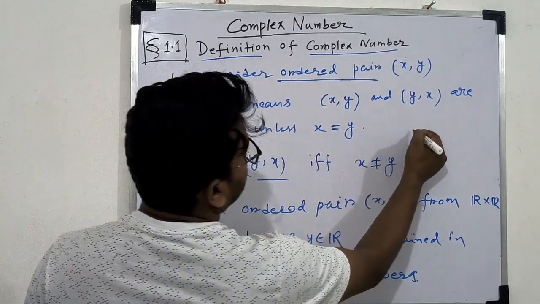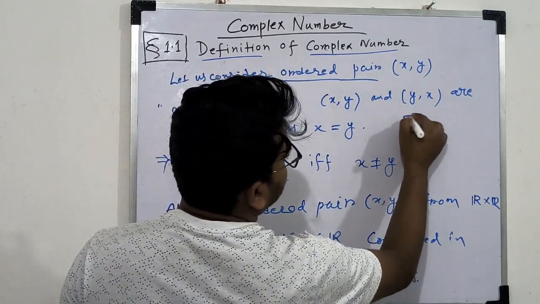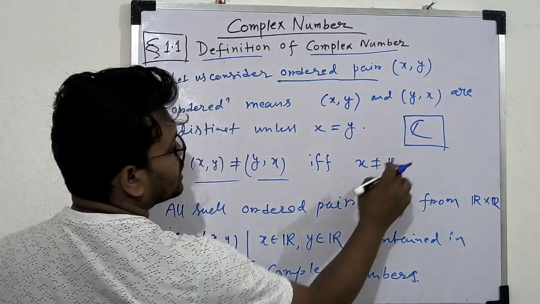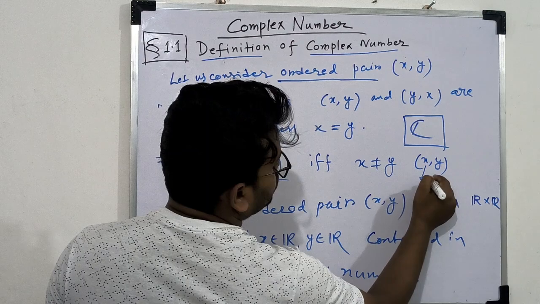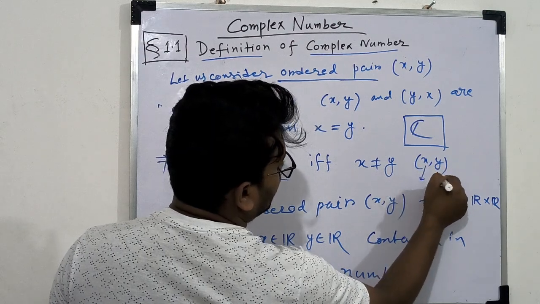So the complex numbers, we denote by C, the set of complex numbers, and it contains all the ordered pairs with x belongs to R and y belongs to R.